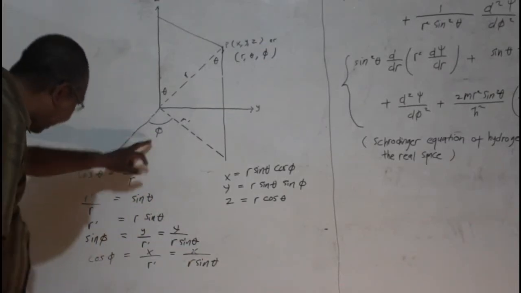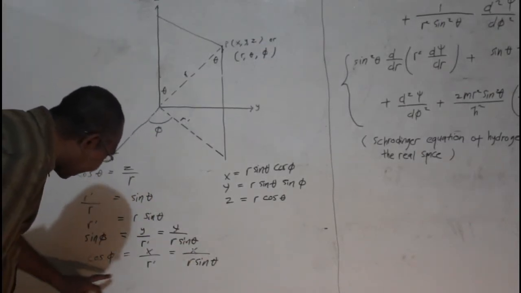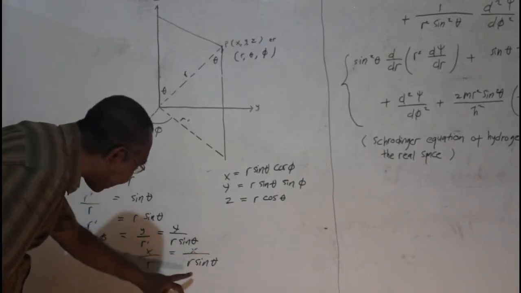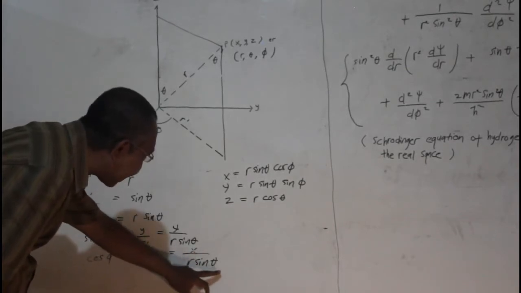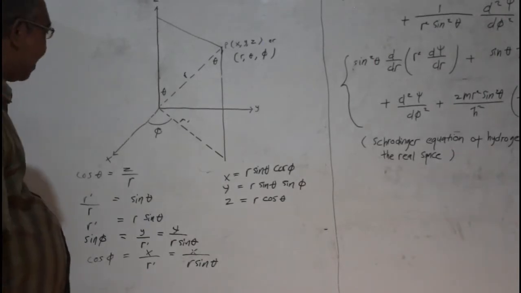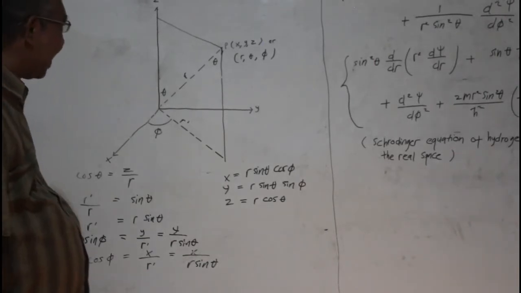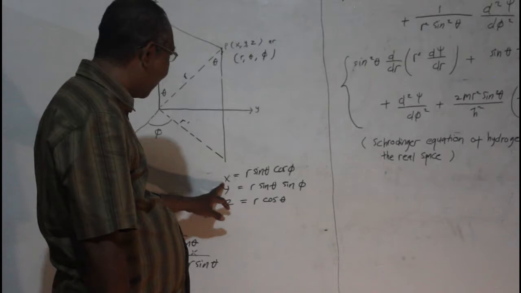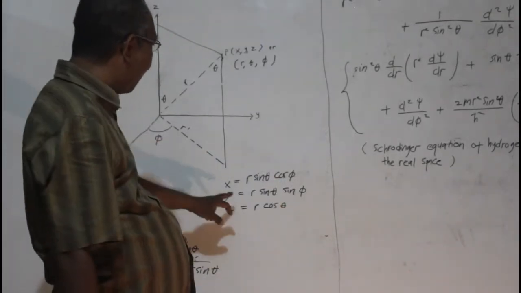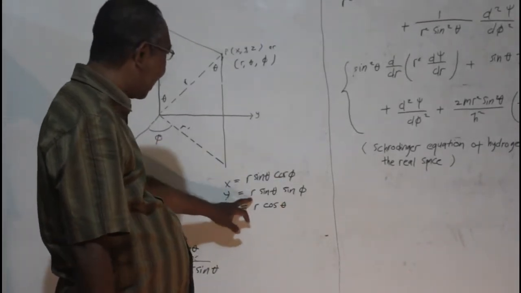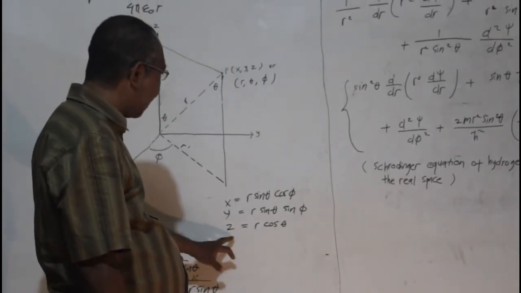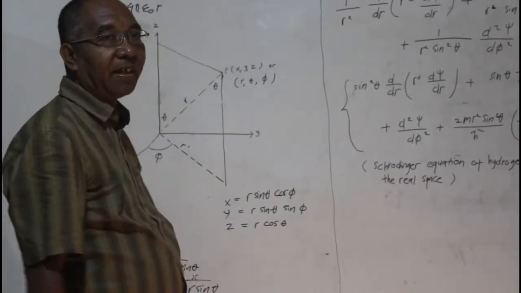And cos phi equals x over r prime, or equals x over r sin theta. So we find that x equals r sin theta cos phi, y equals r sin theta sin phi, and z equals r cos theta.